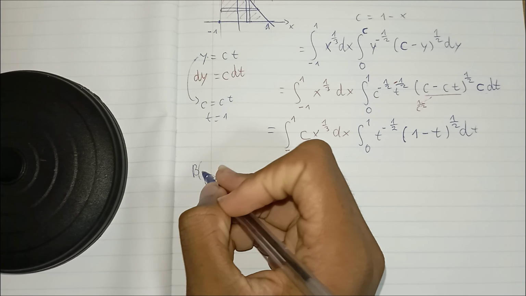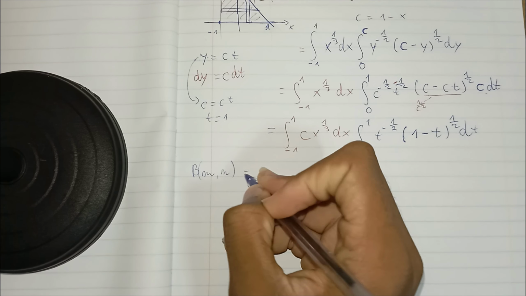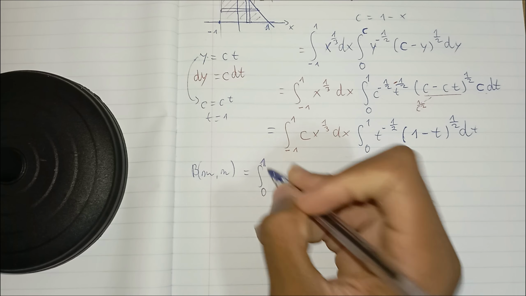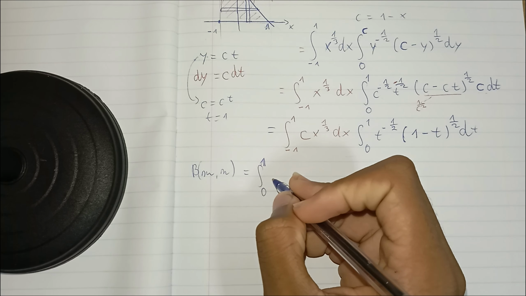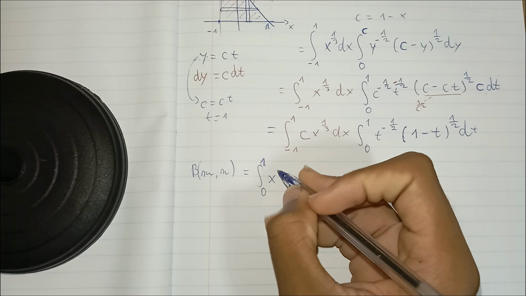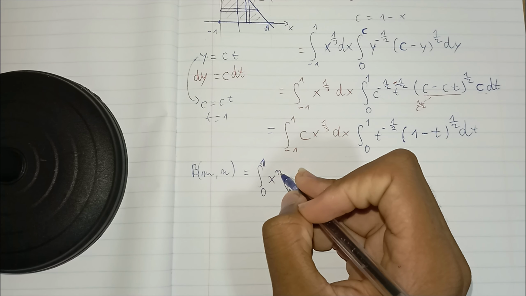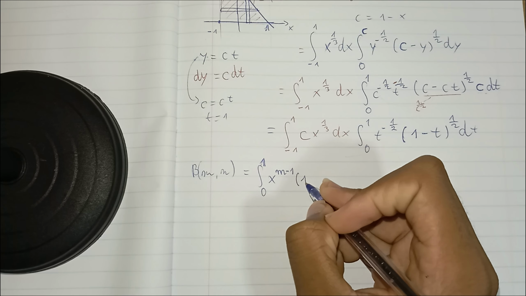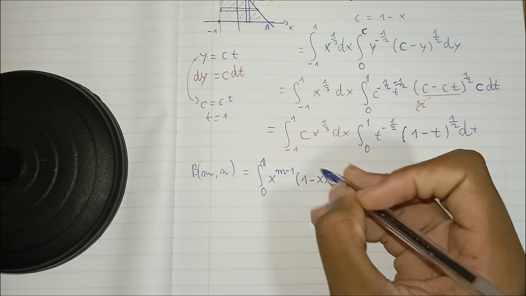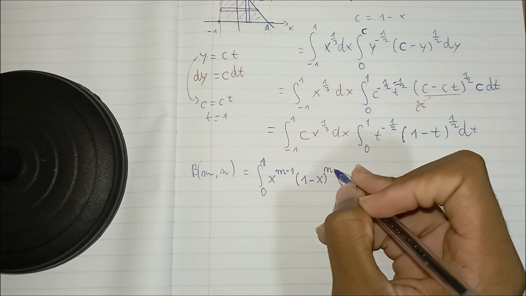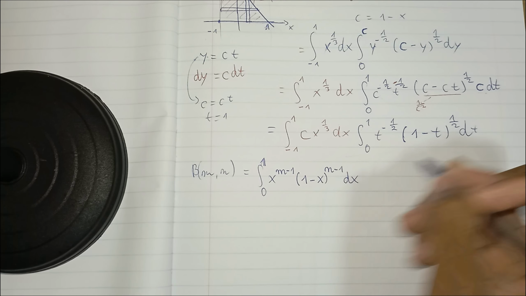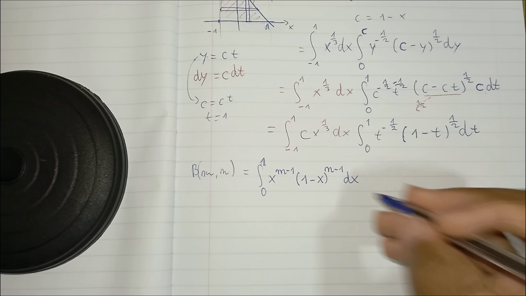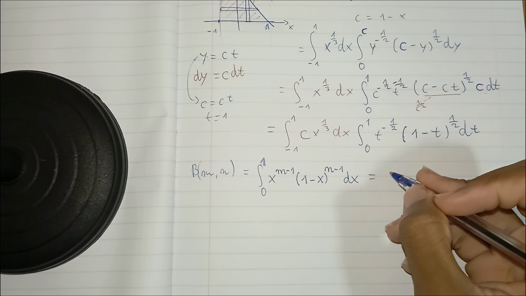The beta function is like this: from 0 to 1, pay attention, I can say x, x to the power of m minus 1, then 1 minus x to the power of n minus 1 dx.